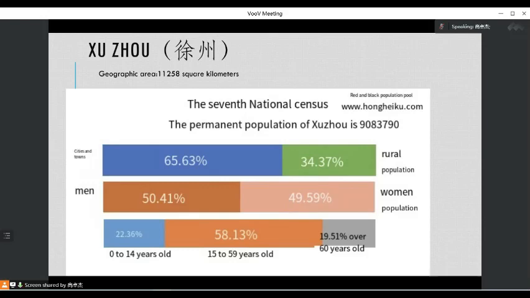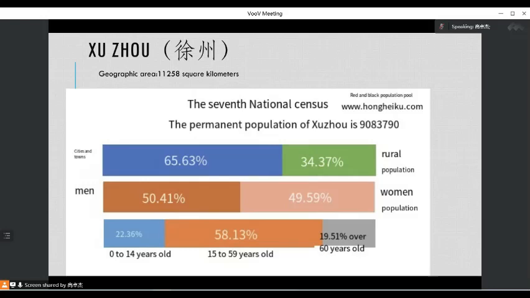And more than 50% of residents are male, and female residents account for 49%. This shows another feature of China's population, and we'll introduce it later.